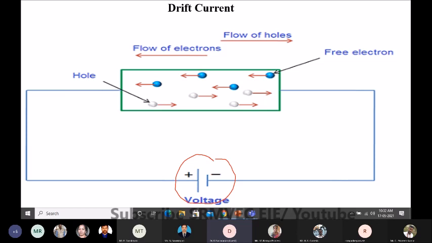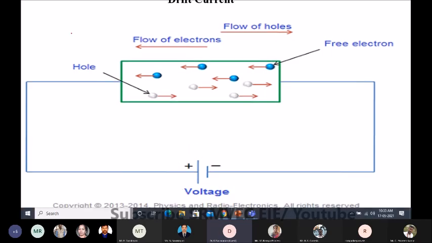In a normal PN diode, the diffusion current will be equal to the drift current. So that will be a PN junction diode. Then we get into forward biasing and reverse biasing, and accordingly it works.